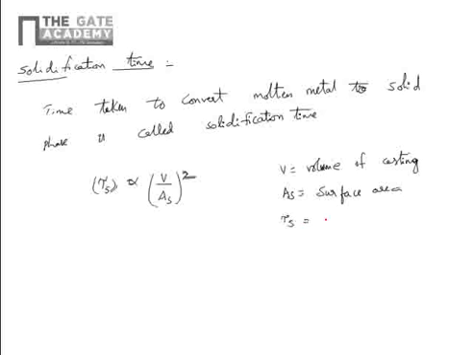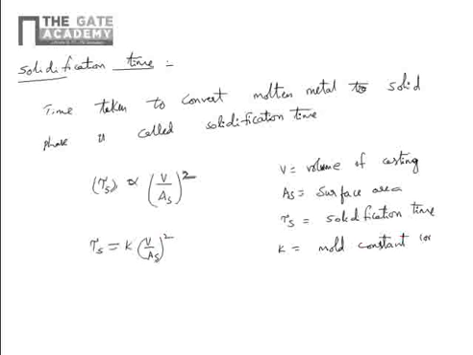Ts is the solidification time. So tau s equals K into (V by As) whole square. K is also called the mold constant or solidification factor, with some different names in some textbooks.